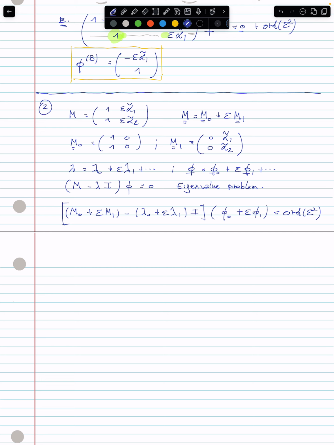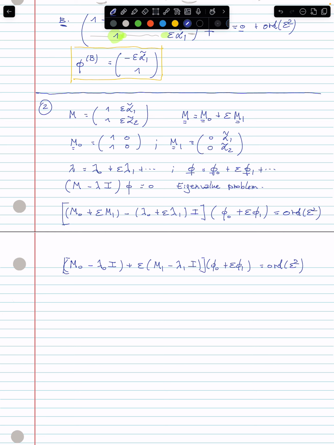Now if we distribute everything, let me first collect the different terms. We have M0 minus lambda 0 I, then epsilon times M1 minus lambda 1 I, and this is all multiplied by phi 0 plus epsilon phi 1.